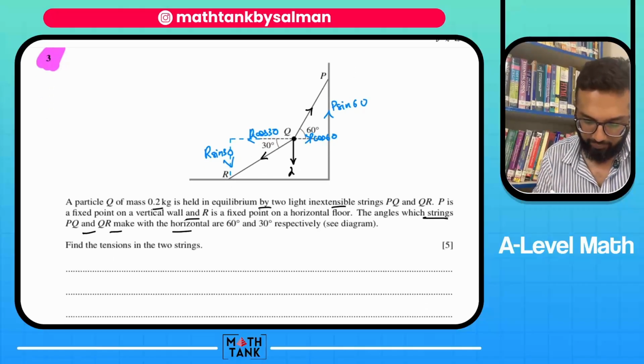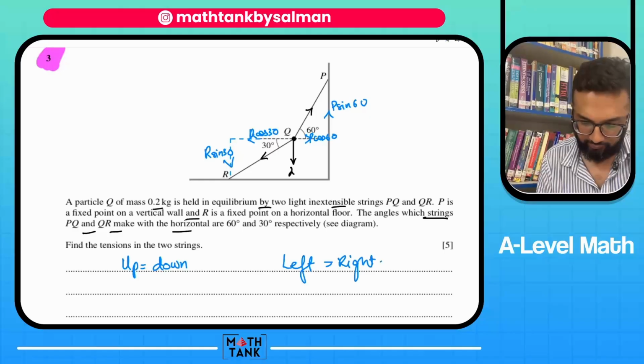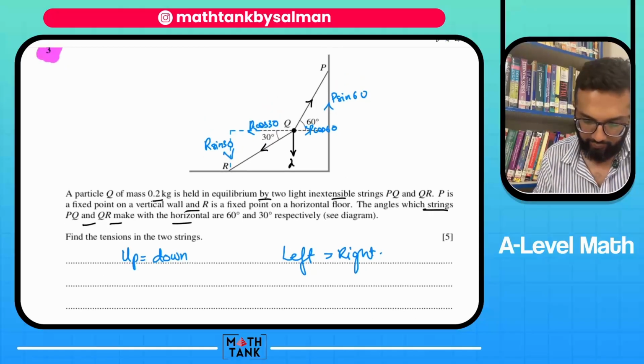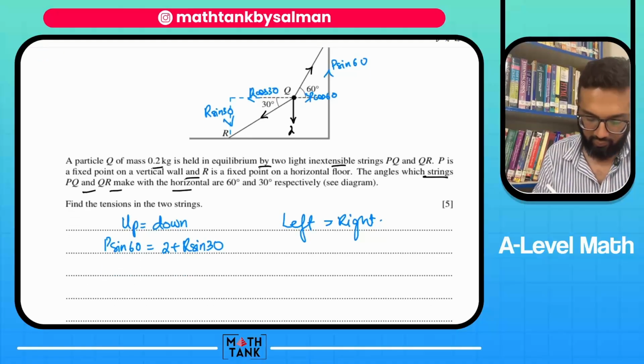So up equals to down. So up, P sin 60, down 2 plus R sin 30. And left R cos 30 and right P cos 60.